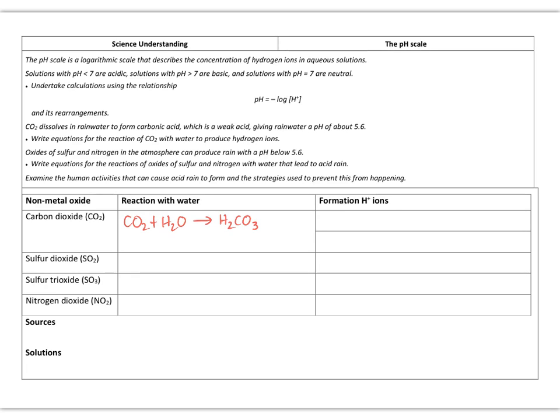And if you like, this is the reason it's acidic, that it can release hydrogen ions. That carbonic acid can release hydrogen ions when it's put in water to form H plus and the bicarbonate ion.